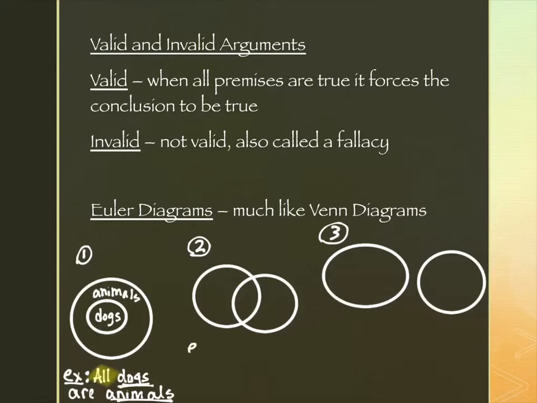All right. Let's do another one. Let's do the middle one. The middle one's keyword is the word some. Some people are quiet. So one of the categories, one of the circles, is going to be people.